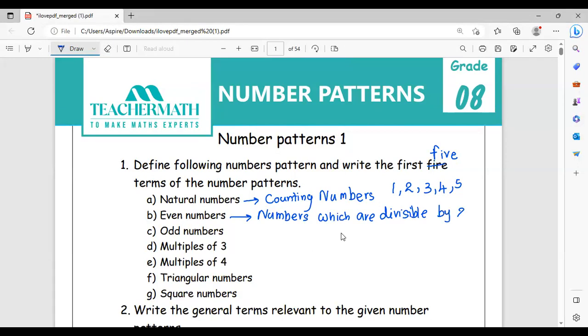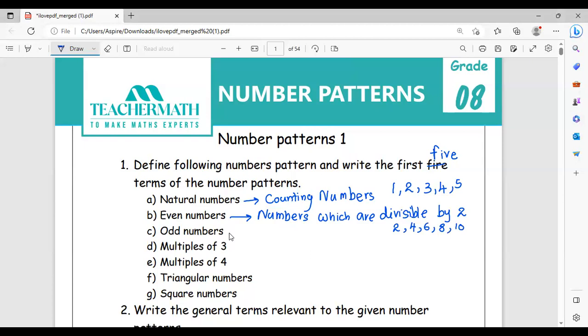Or someone can say multiples of 2. Also correct for even numbers. Then what are the 5 terms of the even number pattern? They are 2, 4, 6, 8, 10.